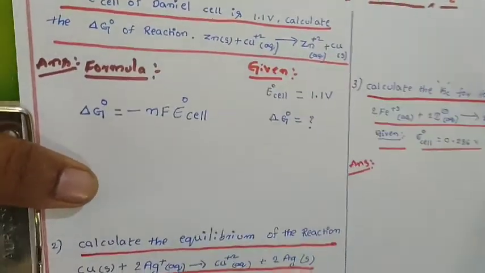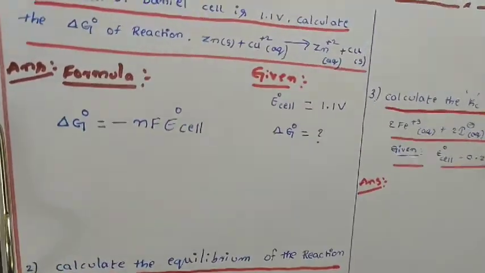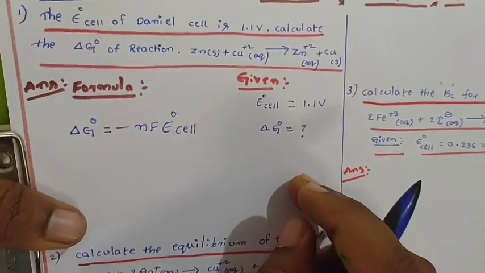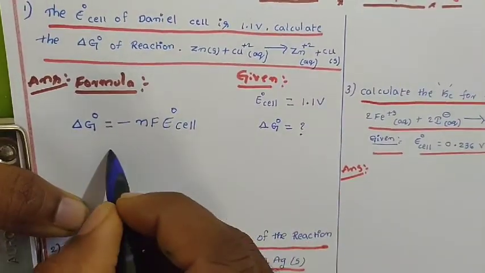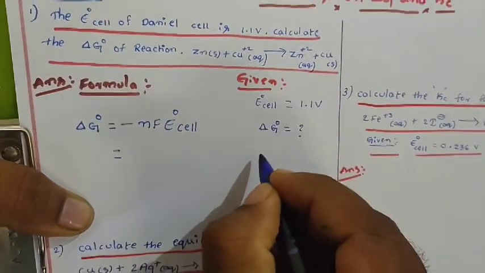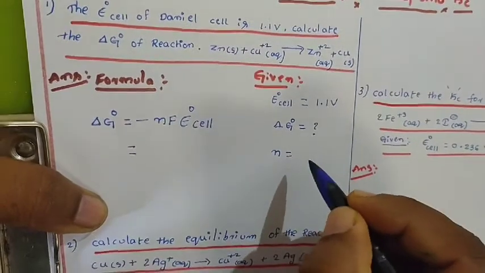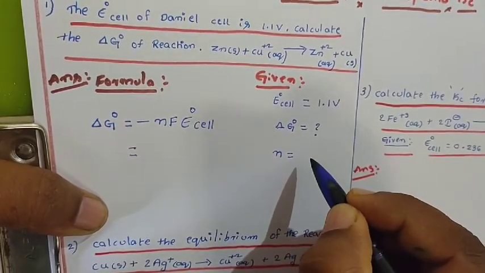In this expression, n is equal to the number of electrons. How many electrons are involved here?